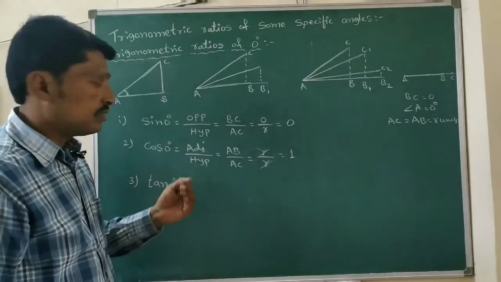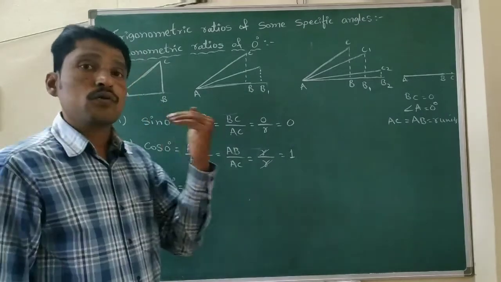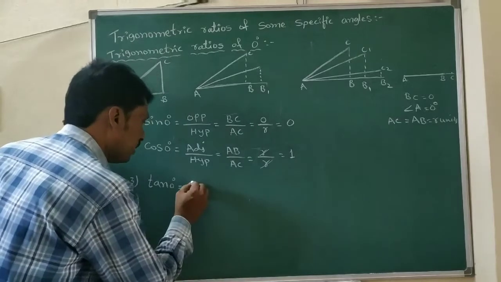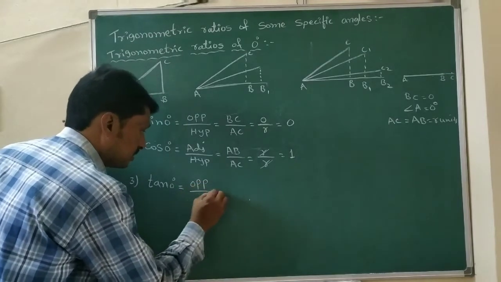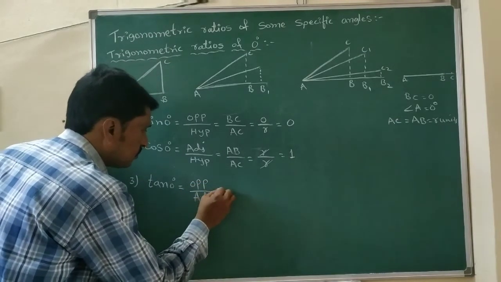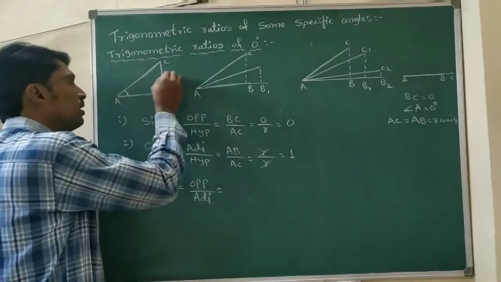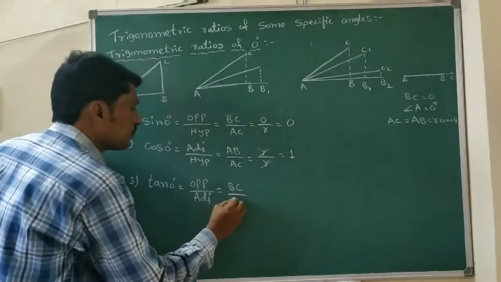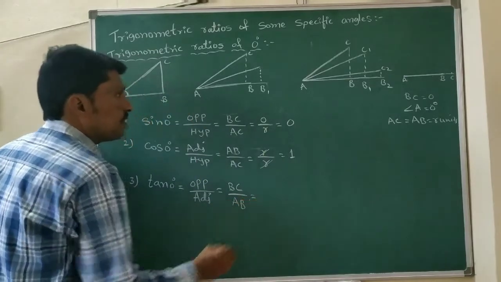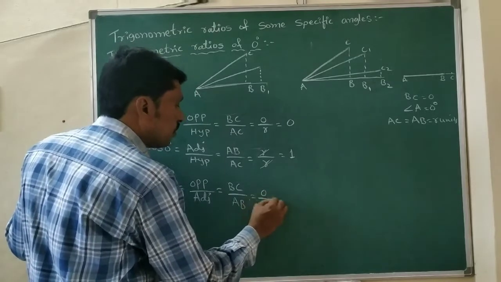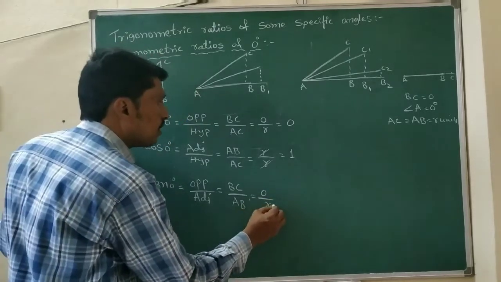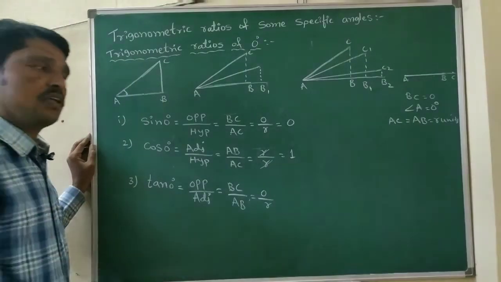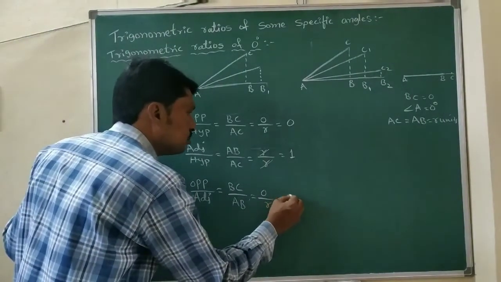Tan is opposite side to angle 0 by adjacent side to angle 0. BC is opposite, and AB is adjacent. BC value we took as 0, AB value is R. 0 by R, and 0 by something is always 0.